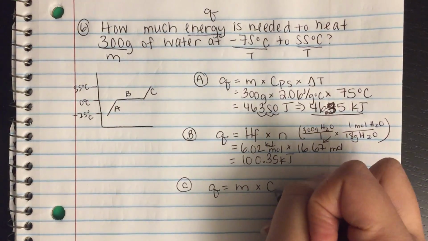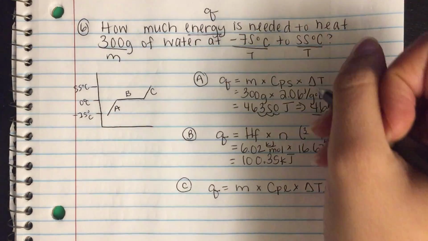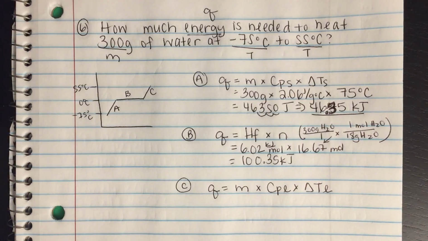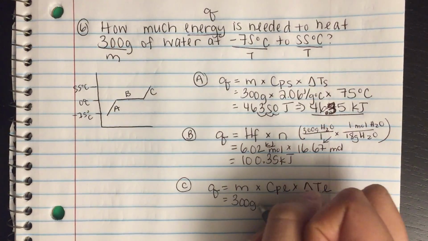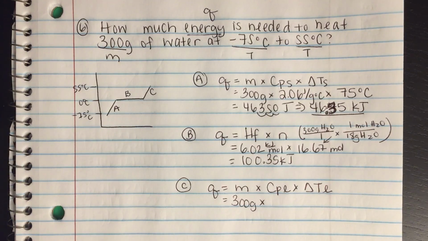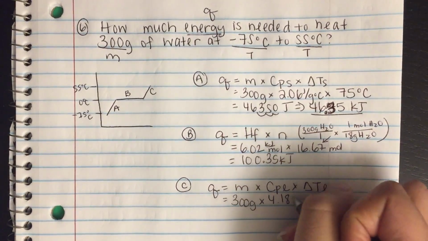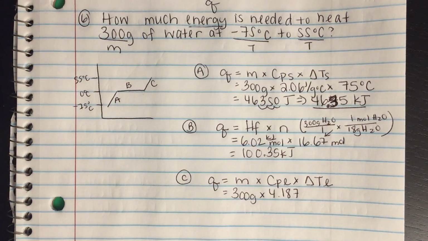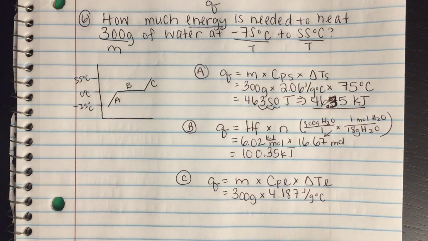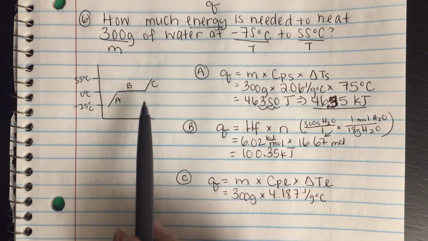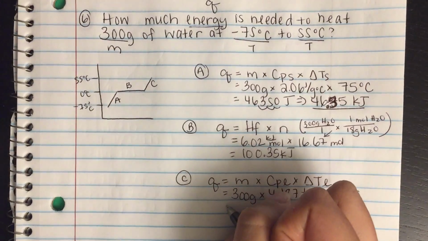Okay, and then lastly, we're going to do part C, which is Q, and we're looking at our liquid, so mass times specific heat of a liquid times change in temperature of the liquid. So our mass, we want again, is 300 grams. Our specific heat for a liquid, if you look it up, is 4.187 joules per gram degrees Celsius, and our change in temperature is 55 minus 0, so 55 degrees Celsius.